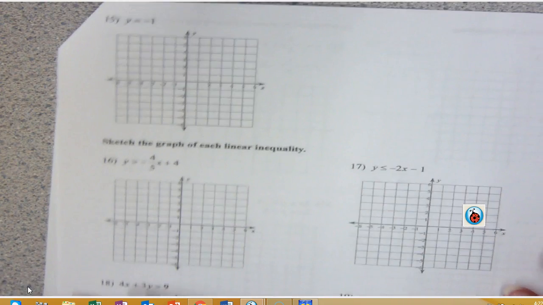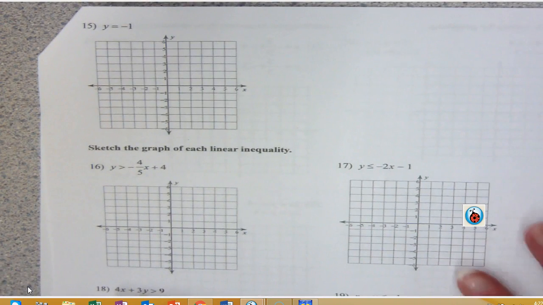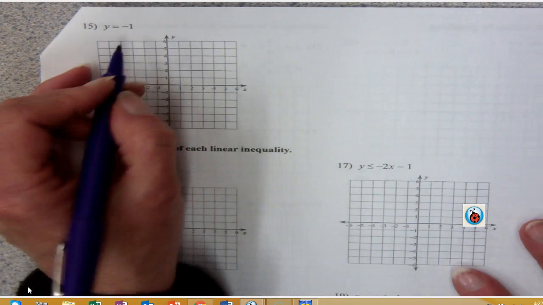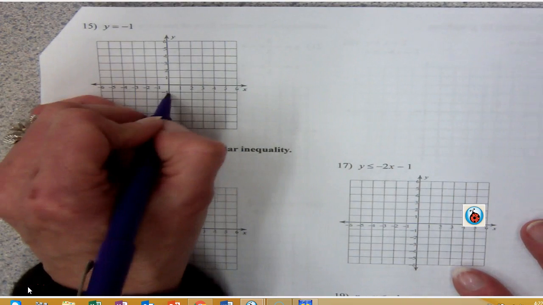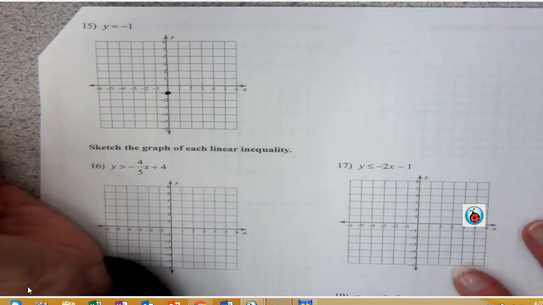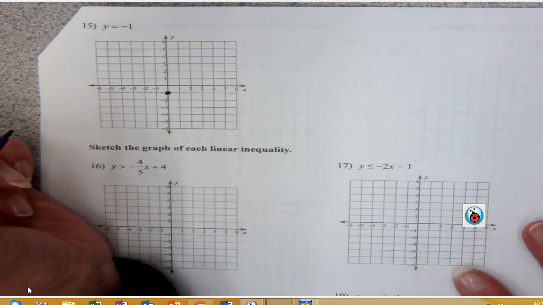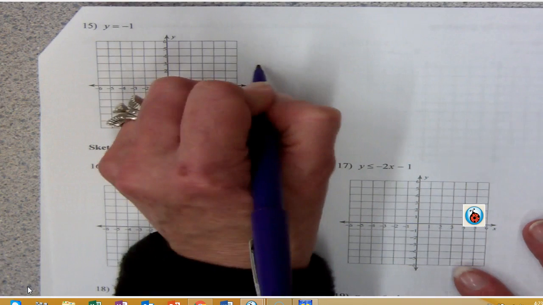So here we've got y equals negative 1. If I know y equals negative 1, I'm going to go to negative 1 and plot that. Now if I forget whether my line is vertical or horizontal, what can I do? I can pick a point.